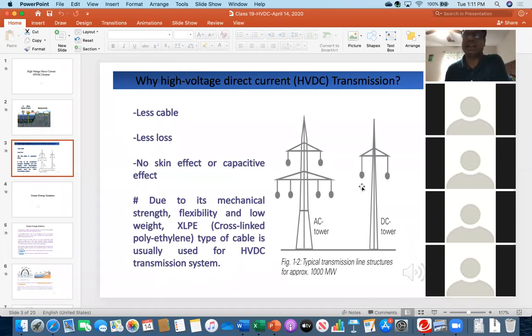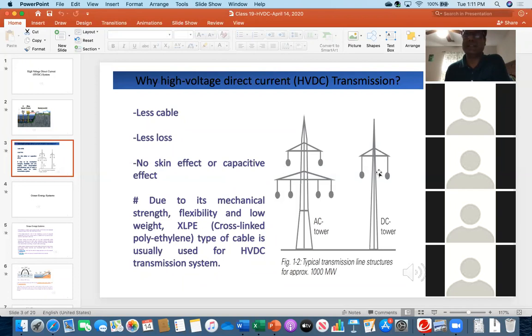On the other hand, in the case of DC, the distribution of current flow is uniform throughout the cross section of the cable. This means that in DC the amount of current flow is equal on the surface and inside, anywhere. That's why it is called uniform. In AC, as I told, higher current flows on the surface than the inner side. Because higher current flows on the surface or skin, it is called the skin effect.